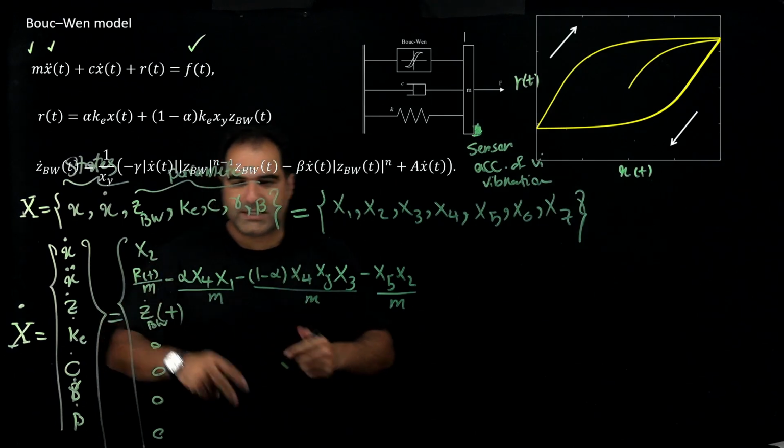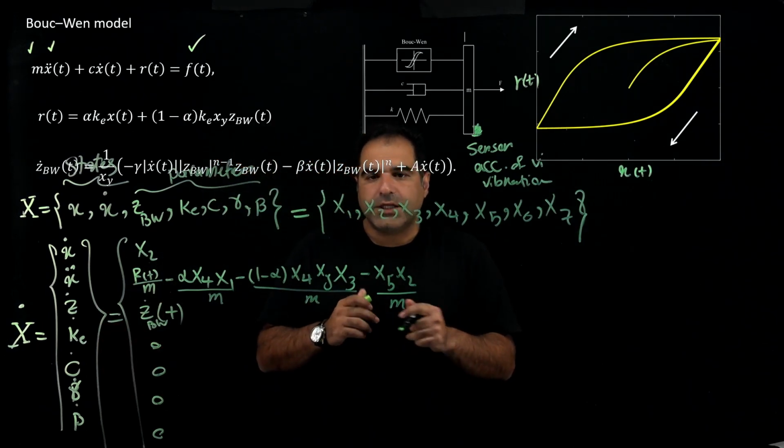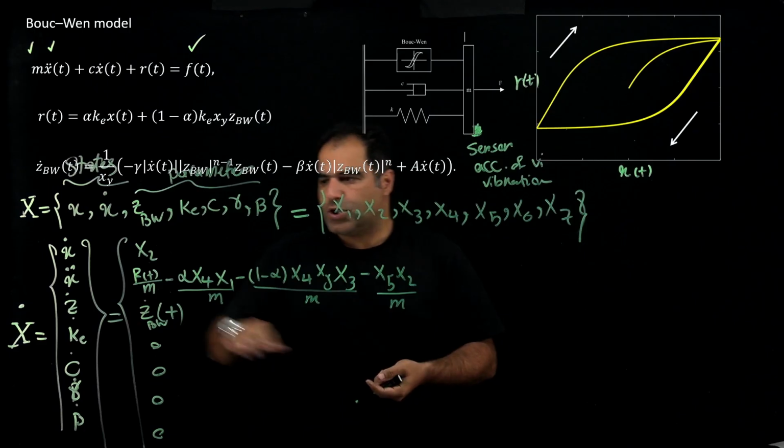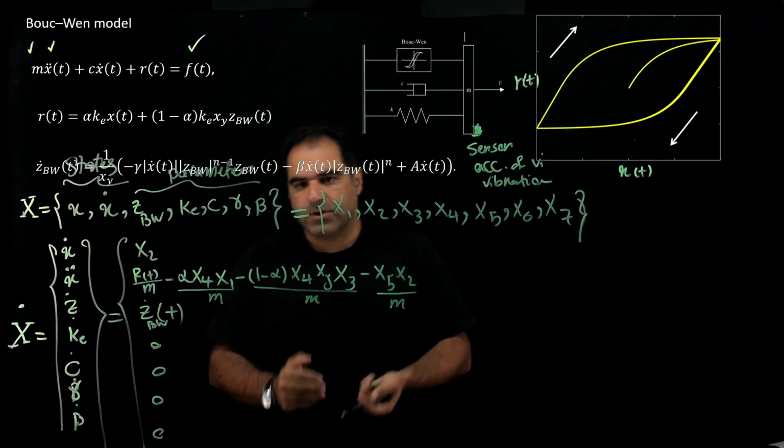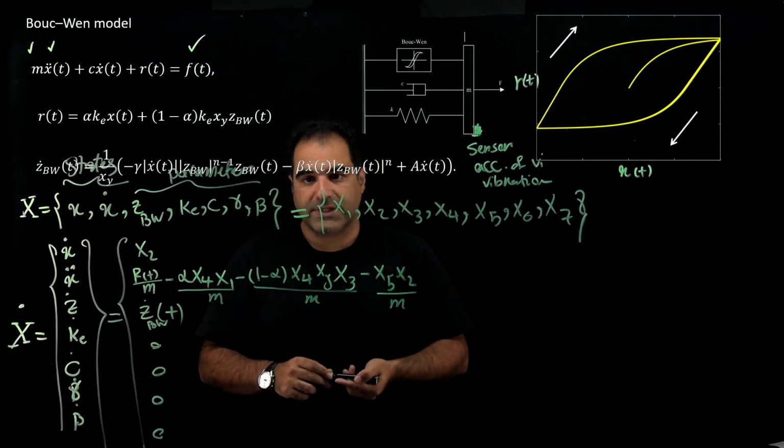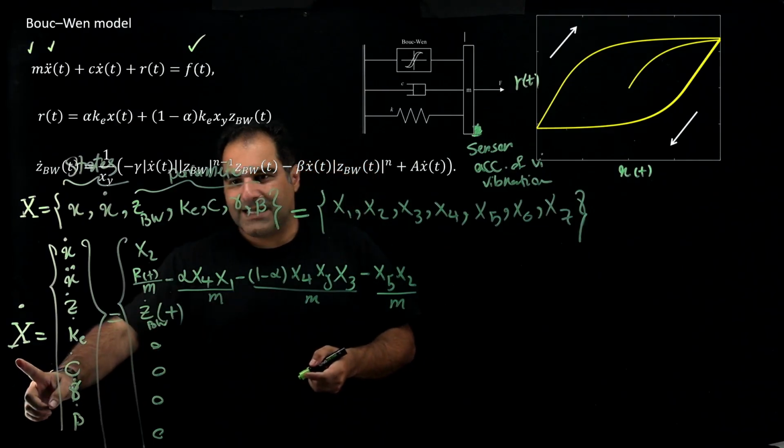Right? This is our transition function. You see, I didn't try to write the equation in the matrix form. I just wrote the function corresponding to each parameter and state I'm looking to estimate or identify. Then this is the x dot.